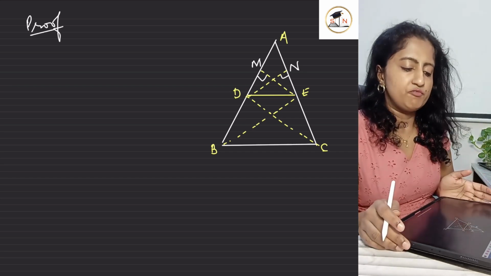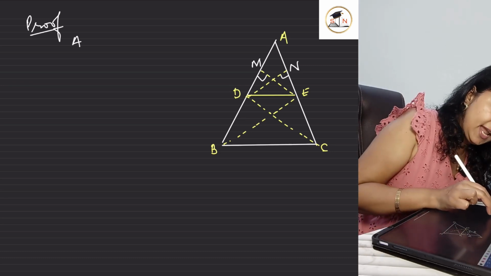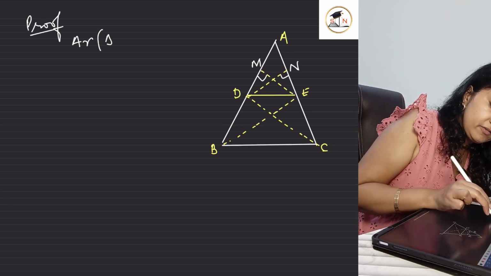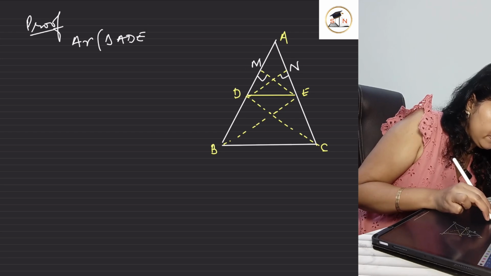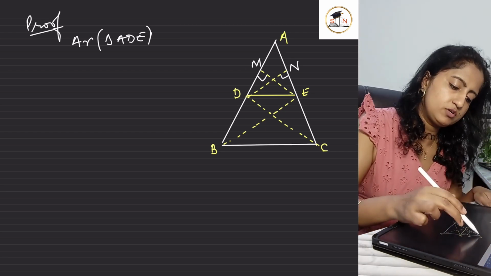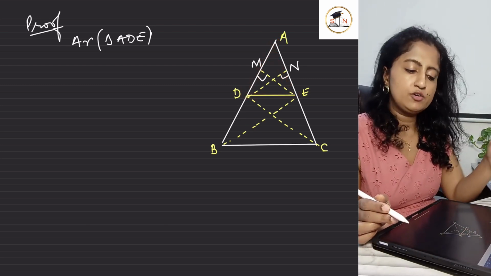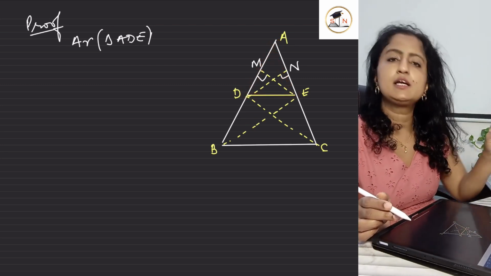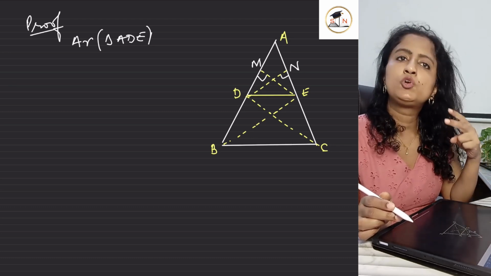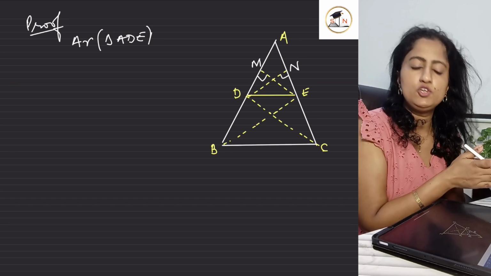Now when we talk about the proof over here, we first find out the area of triangle ADE. I'm talking about the upper triangle ADE. We are going to find the area of triangle ADE from two perspectives. First, let's consider AD being your base.